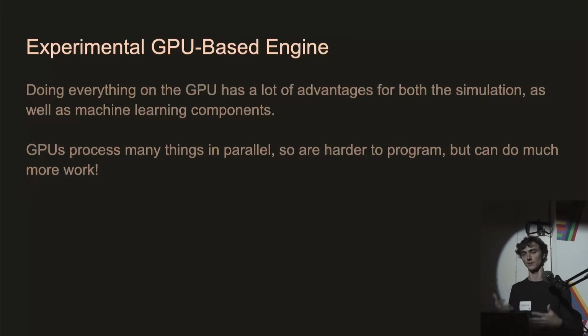It's basically just a lot of math, a lot of calculations that both the simulation and the machine learning algorithms need. GPUs process lots of things in parallel simultaneously. They're more difficult to program, but if you can figure out how to do it, they will do a lot more work.